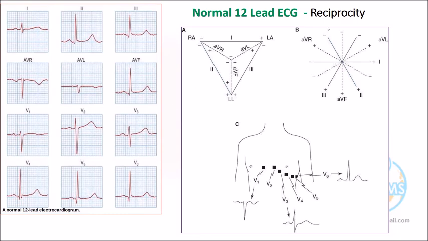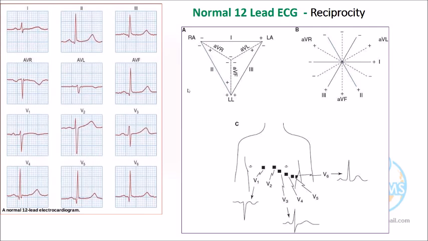Another word I would like to highlight is reciprocity. I will use the word in other topics also. In the left-sided lead, lead 1, you find that the positive deflection is bigger than the negative deflection, whatever it is, RS or whatever.